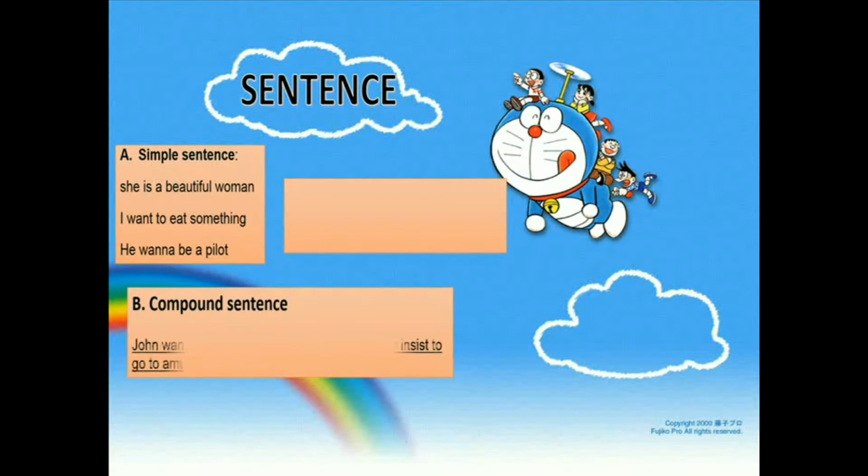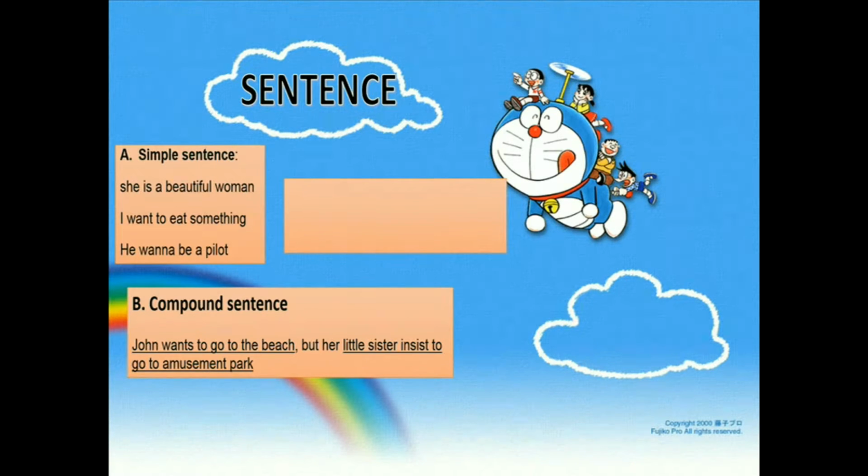Next, compound sentence. A compound sentence has at least two independent clauses and a conjunction like and, but, so, either, or, neither, nor, for, yet. Let's see this example. John wants to go to the beach. Her sister wants to go to the amusement park.